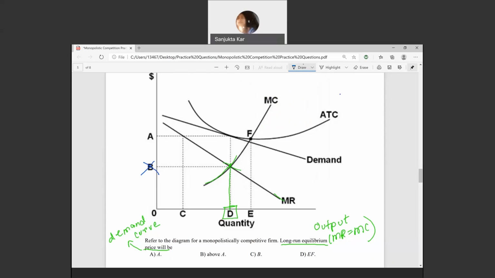A lot of students make this mistake. You have to extend this all the way to the demand curve, and this is going to be the price. The same holds for the monopoly market structure. You always find the price from the demand curve.